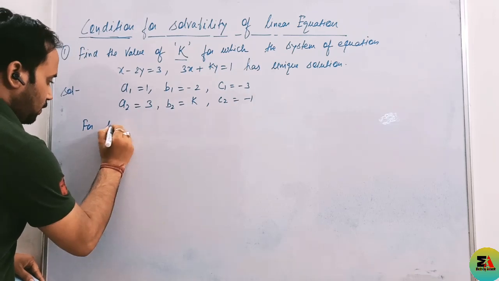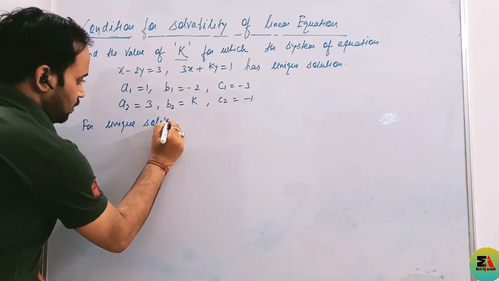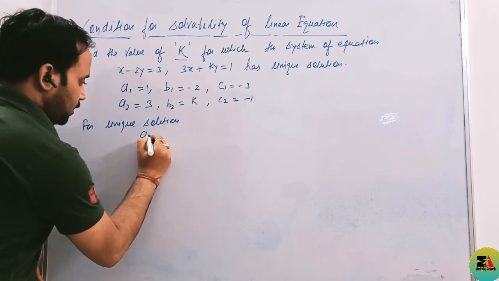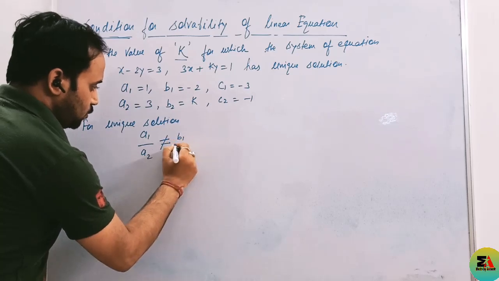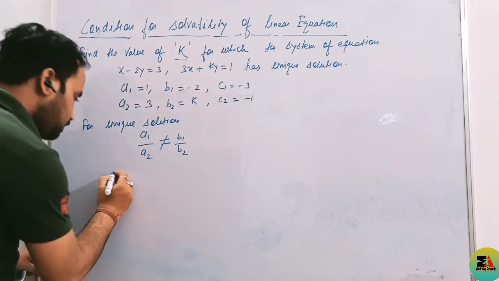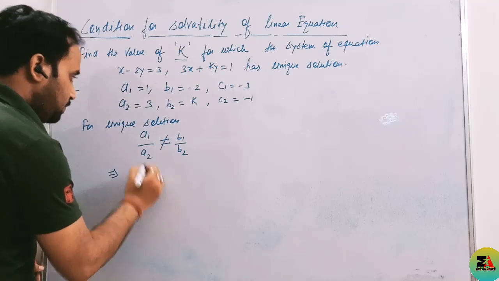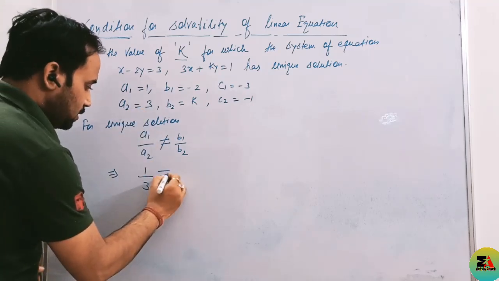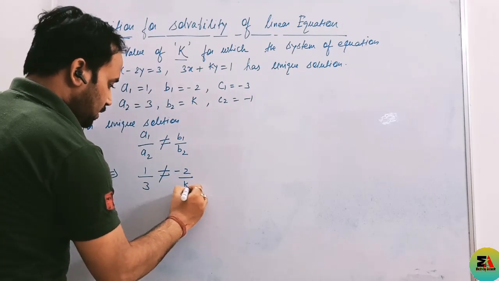We know that for a unique solution, the condition is a1/a2 is not equal to b1/b2. Now substitute all the values. This becomes 1/3 is not equal to minus 2/k.